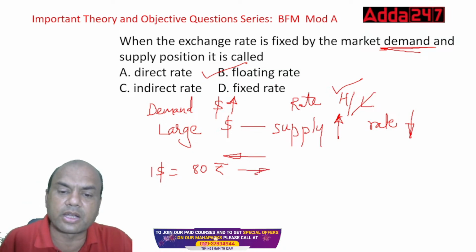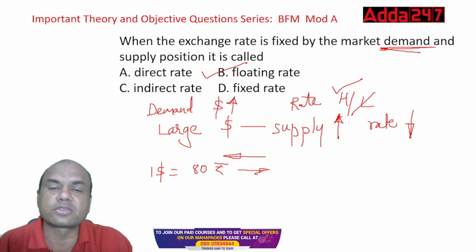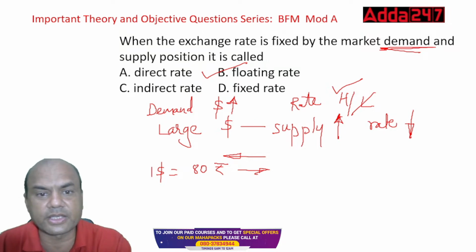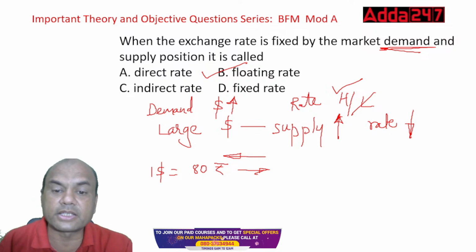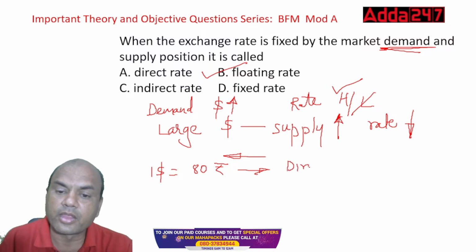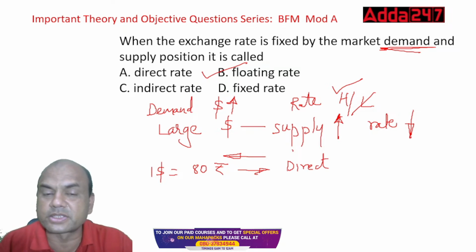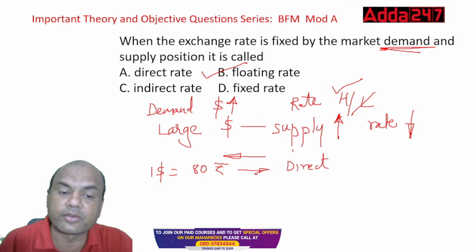It is called a direct rate. Remember, the logic is simple: your dollar is fixed and your rupee, the local currency, is fluctuating. It is called a direct rate. Indirect is reverse.